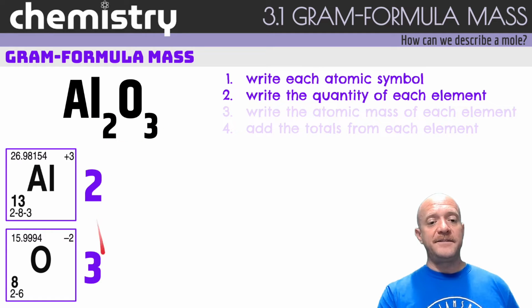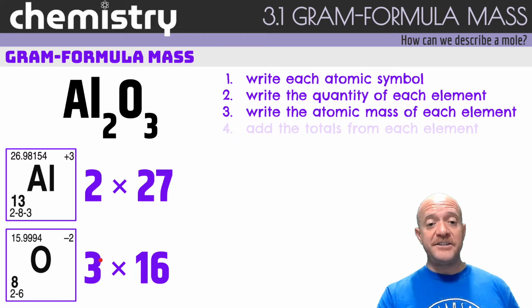I have 2 aluminums and I have 3 oxygens. Then I will write the atomic mass of each element, and I don't need to write this decimal. I'm just going to use the whole number. You can use whole numbers for these. It works for everyone except for chlorine. Chlorine is like 37.45 or something. So you can round chlorine, but everything else you should just use the whole number.